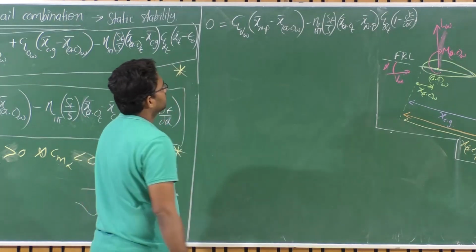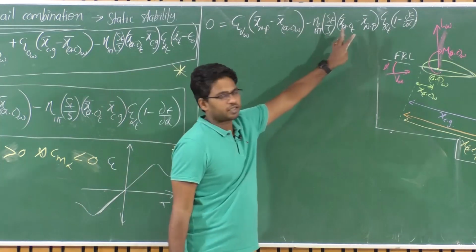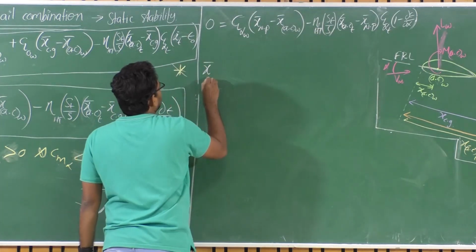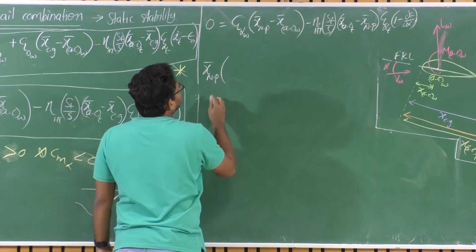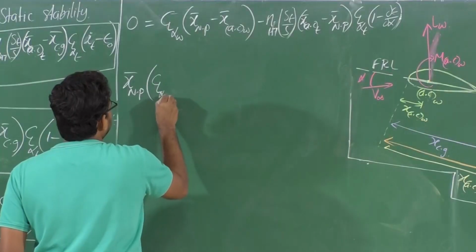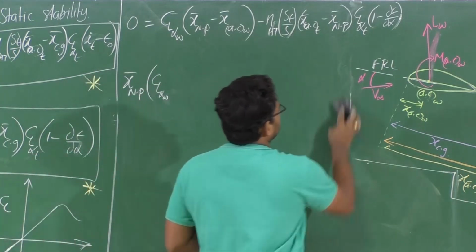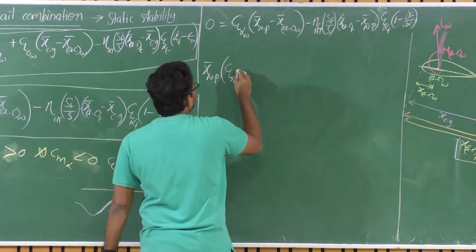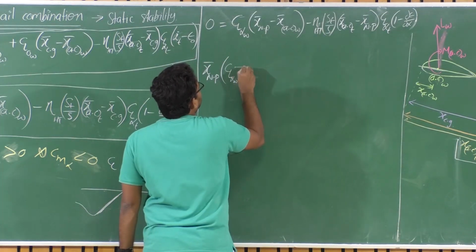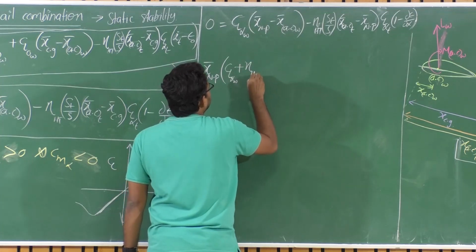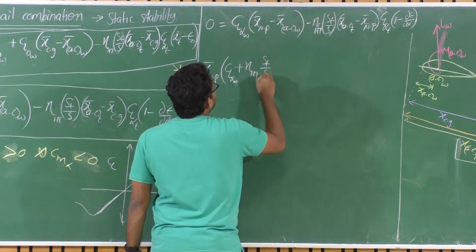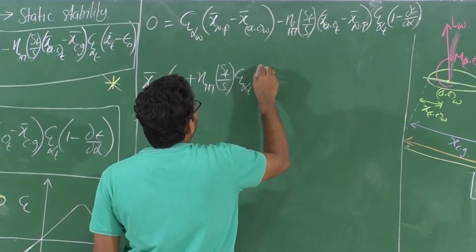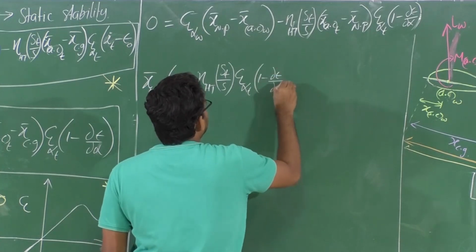Okay. So can I find out that particular NP? Can I solve for x bar NP from this equation? So x bar NP multiplied by, this is CL alpha of wing, plus eta of horizontal tail times S_T upon S, CL alpha of tail multiplied by (1 minus dou epsilon by dou alpha).